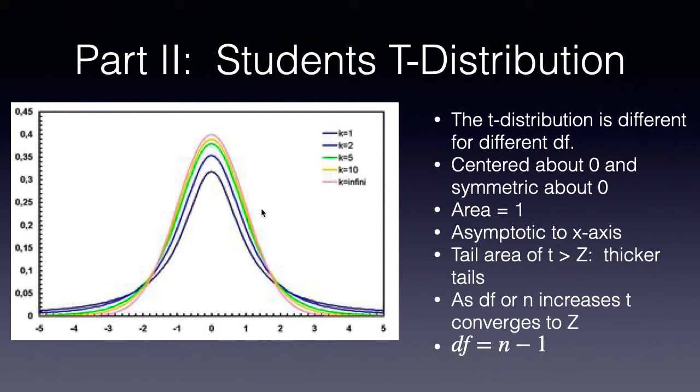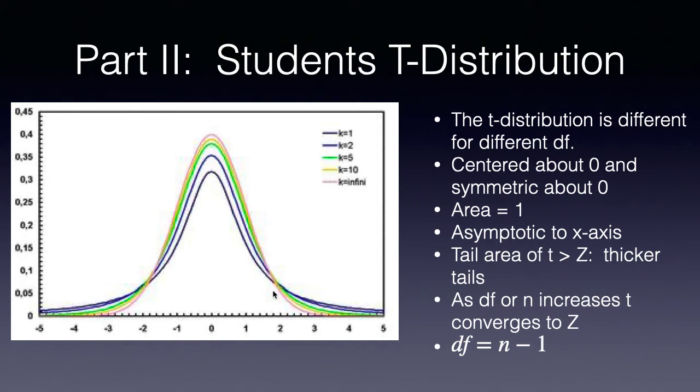It's different in that it's either going to be shorter and wider. Notice that these tails get thicker for a smaller degree of freedom, and then notice that as the degrees of freedom increase, those tails will tend to thin out and converge to that normal distribution. All t curves are centered about 0 and symmetric about 0. No matter the degrees of freedom, the area underneath the curve is always 1.